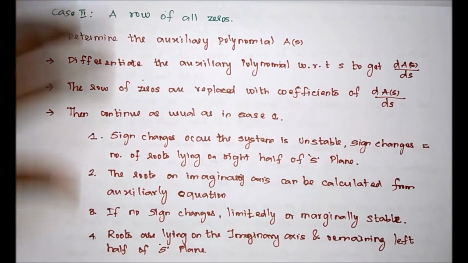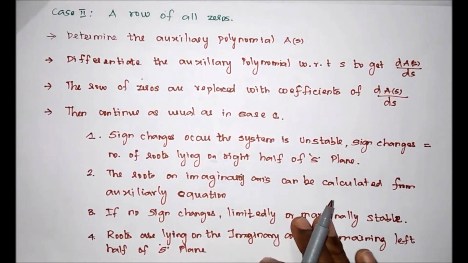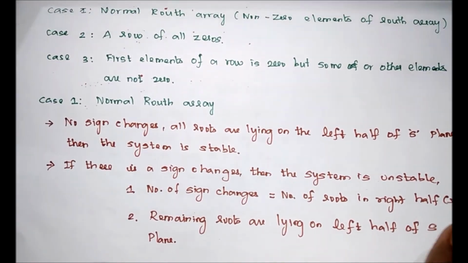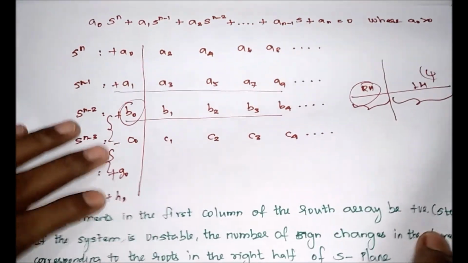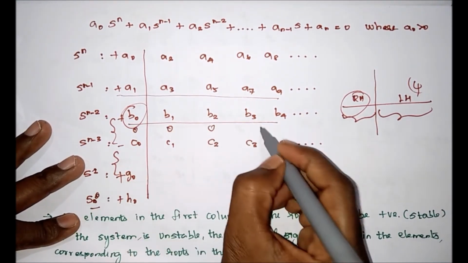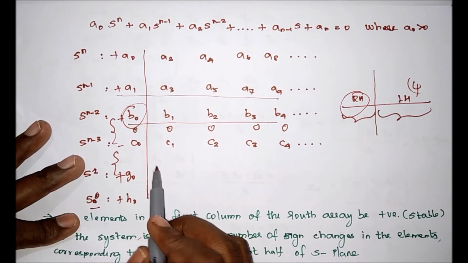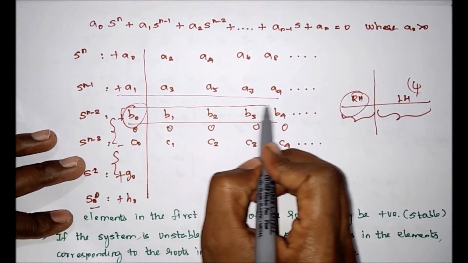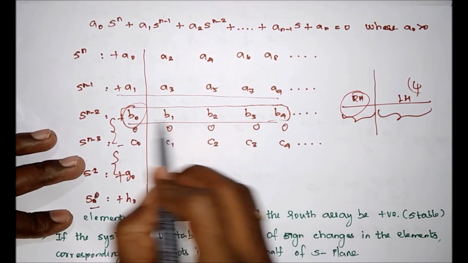Next we will see case 2. In the second case, suppose there is a row of all zeros. While calculating, if the entire row is 0, what we have to do is take the auxiliary polynomial. So we have to take this step.